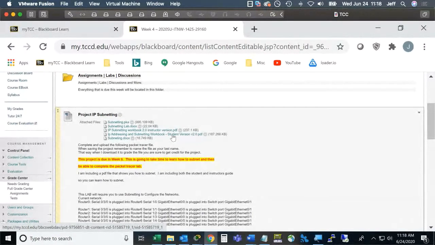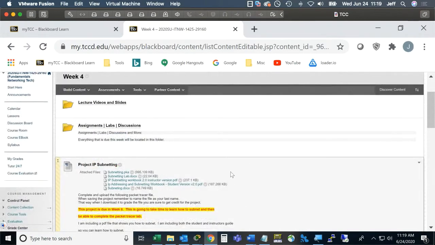It helps you walk through it, and then there's the instructor version, so you can check and see how you're doing. So definitely don't worry. We'll get you there.